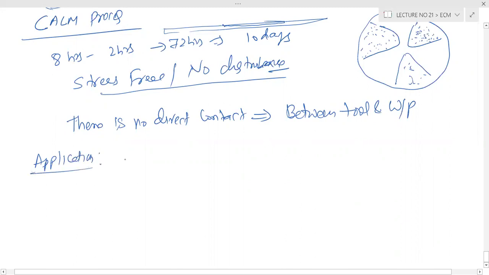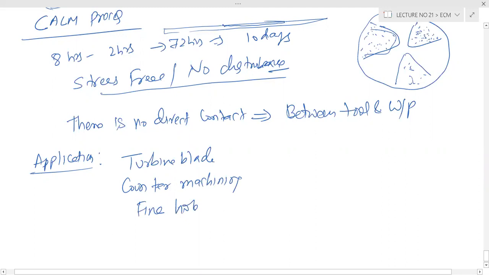Application: turbine blade, which is a single crystal material subjected to high pressure and high temperature, and the stress will be high. So this process is used. Then contour machining, then fine hole drilling, and as I said, very thin sections.